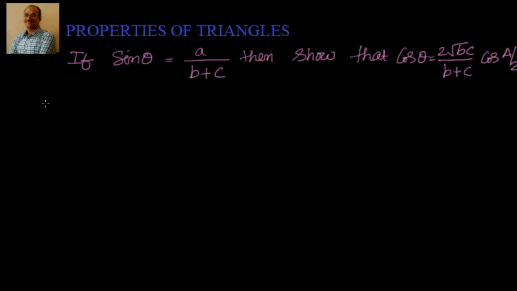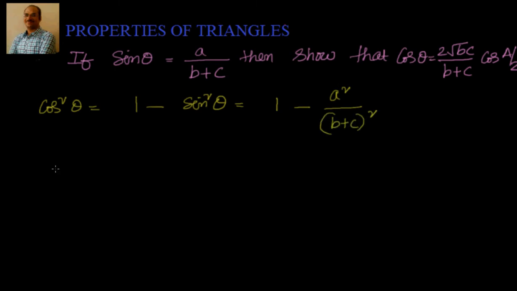So cos square theta is equal to 1 minus sin square theta, that's equal to 1 minus a square by b plus c whole square.